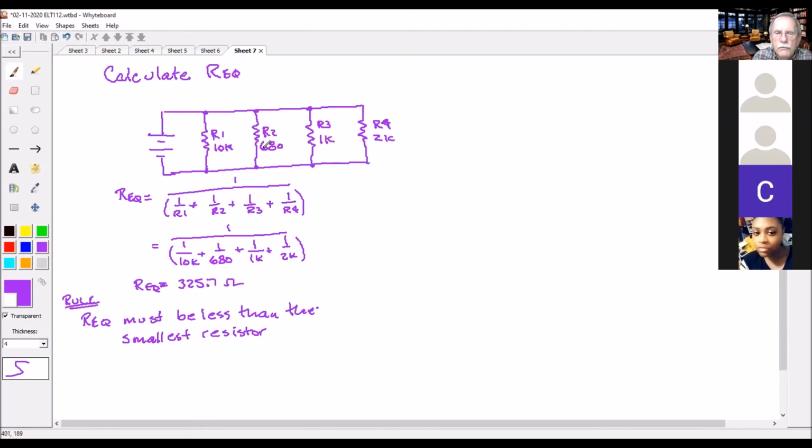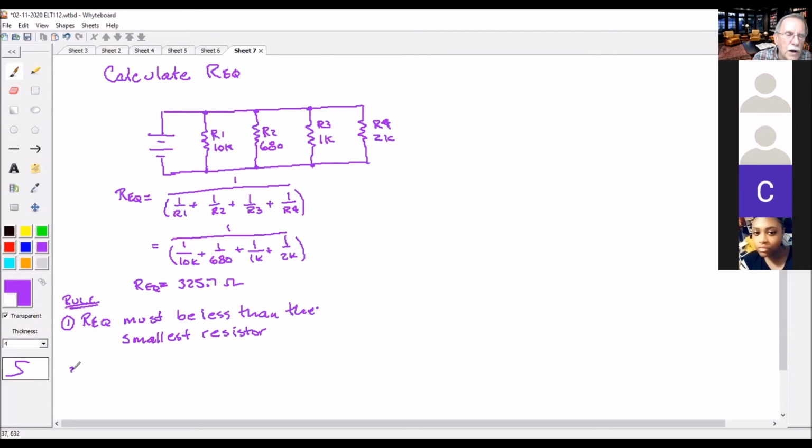So if I look at these 4 resistors, I know my REQ had to calculate to be less than 680. So that's a rule you can always use as a quick double check.